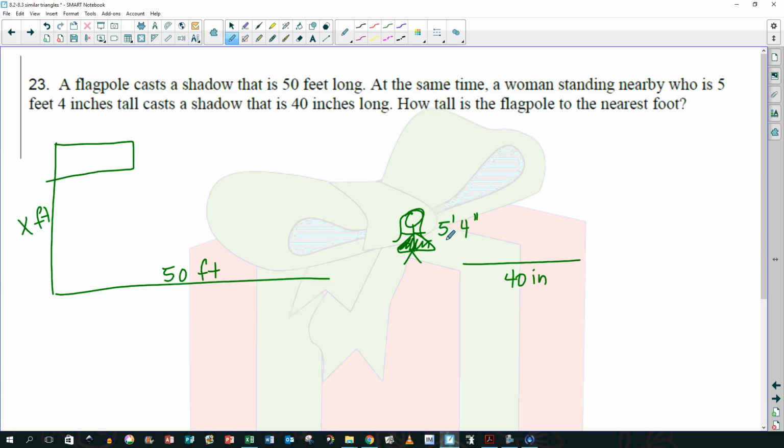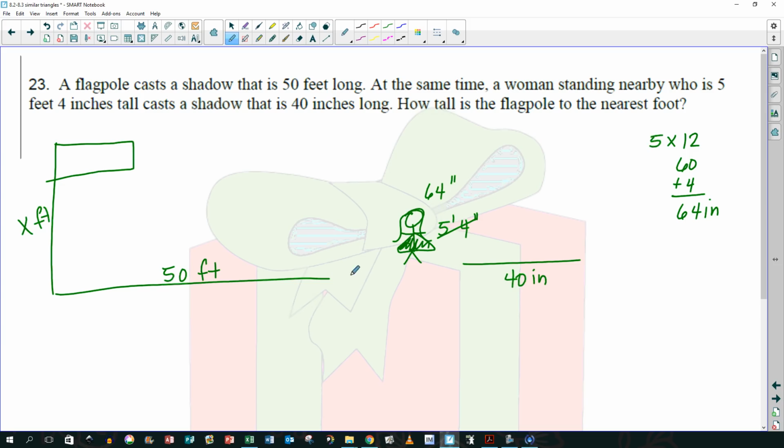Well, since she is measured in feet and inches, but her shadow is in inches, let's convert her to inches. So there are 5 feet times 12 inches is 60, plus those 4 extra. So she is 64 inches. All right, so we're going to change her to 64 inches.